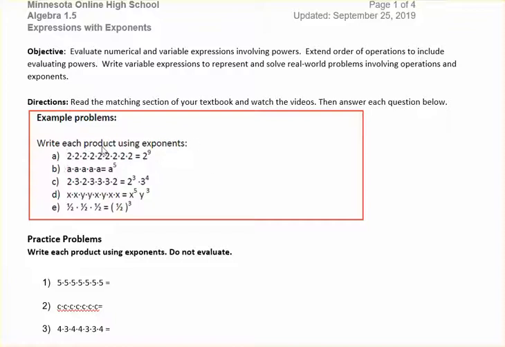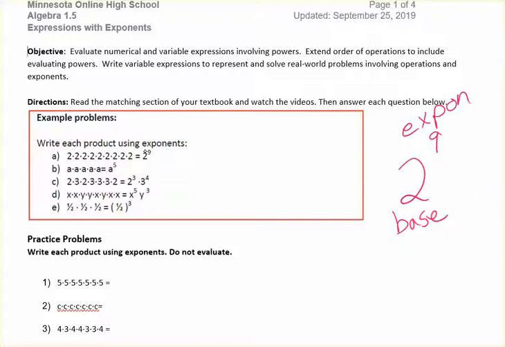It says to write each product using exponents. The first one is a whole bunch of 2's that are being multiplied by each other. The 2 is the base, and how many times we are multiplying the 2 will tell us what to use for an exponent. So you count the 2's, 1, 2, 3, 4, 5, 6, 7, 8, 9, and the 9 then is the exponent.